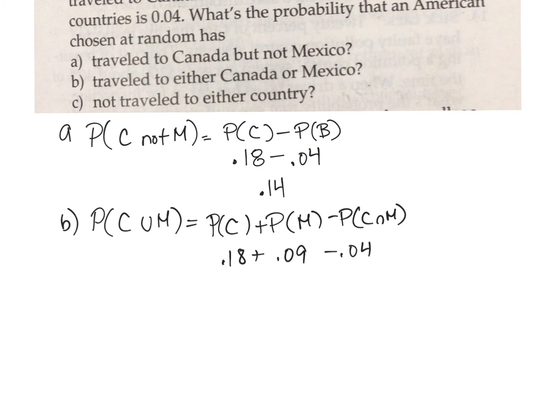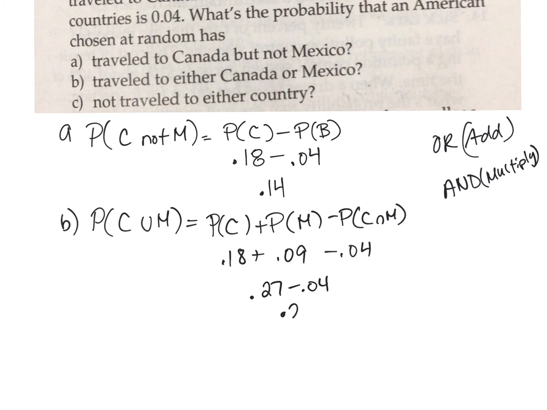And or means add. It's the and that means multiply. Let's see, this is 0.27 minus 0.04, which is 0.23. Yes?